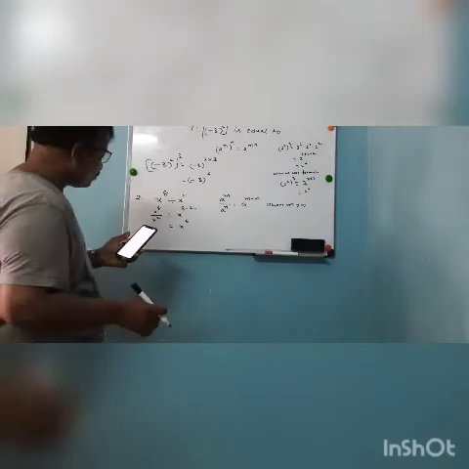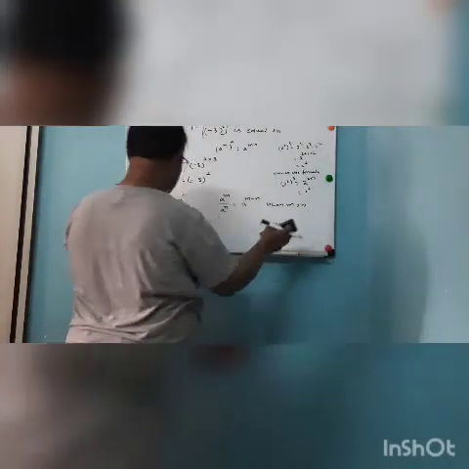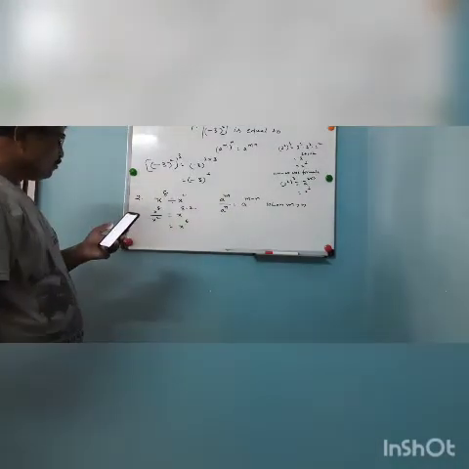Next, third question. If x is a non-zero rational number, the product of the square of x with the cube of x is equal to.